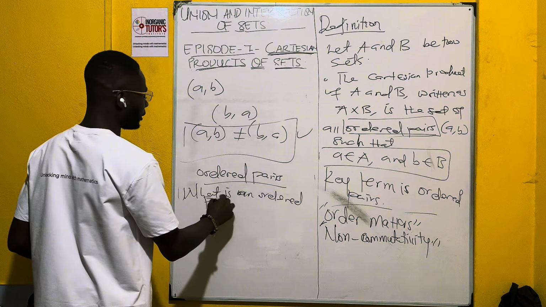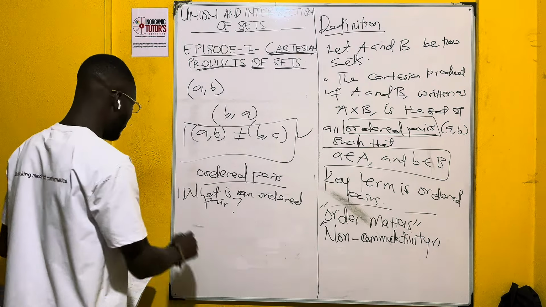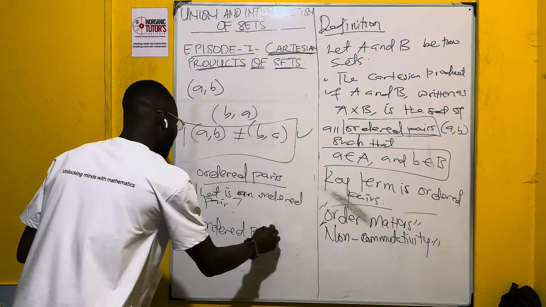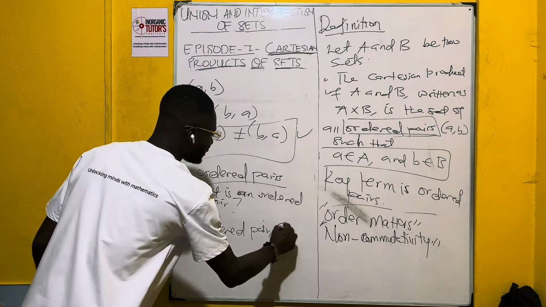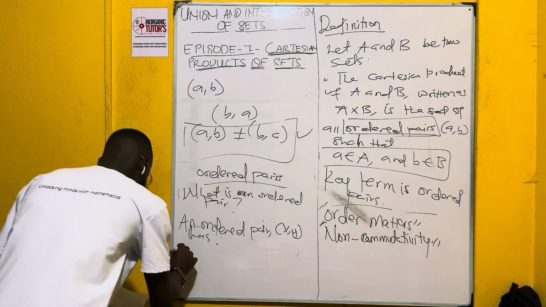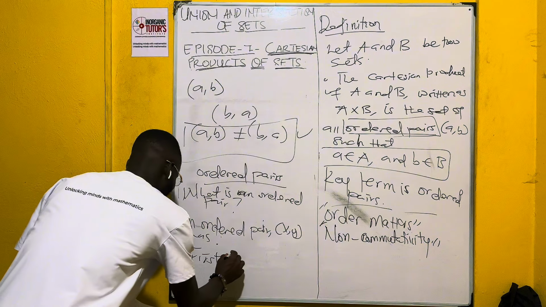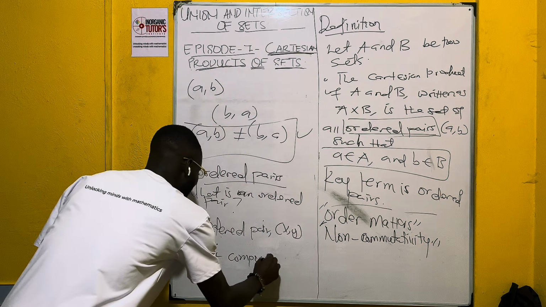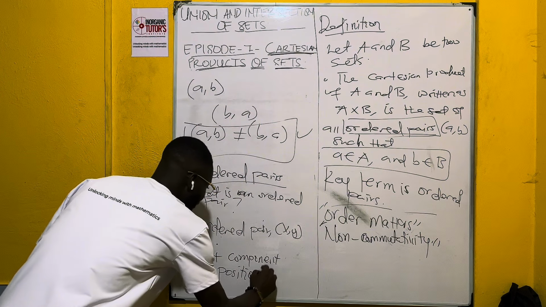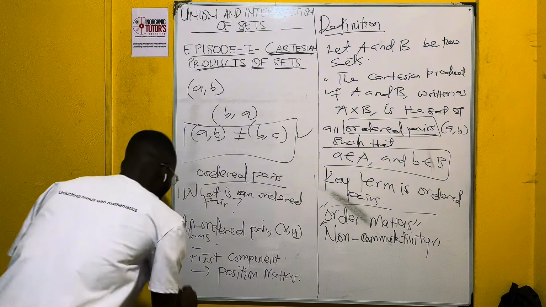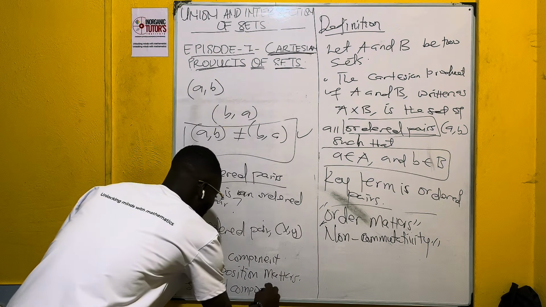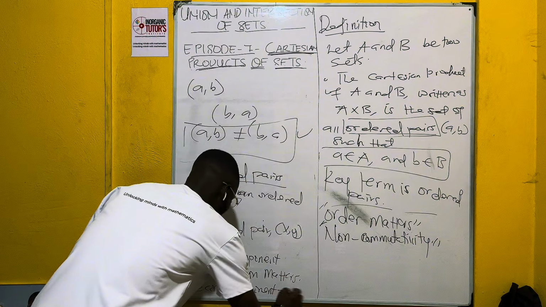Basically, an ordered pair, let's say (x, y), has one first component, where position matters, and a second component, where position matters.